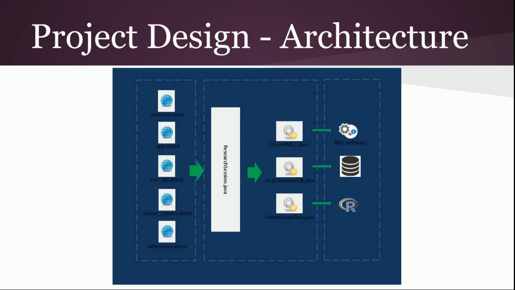Fisher's exact test communicates with the R statistical software installed on the server to provide the network cluster analysis functions that we are working with. Therefore, you have the three-tiered architecture that is presented to you here.